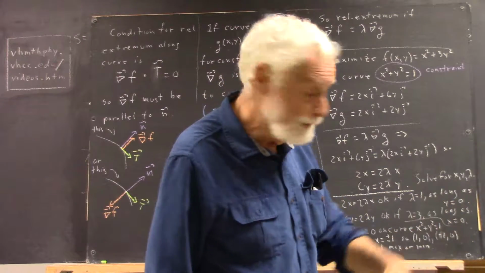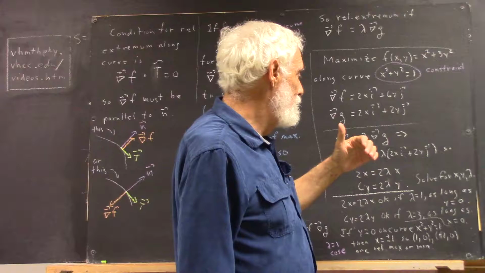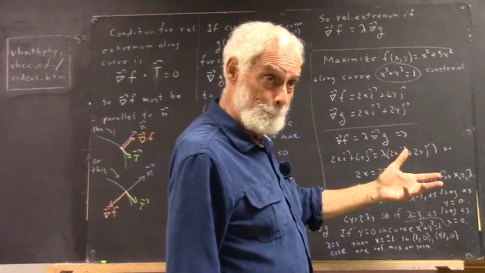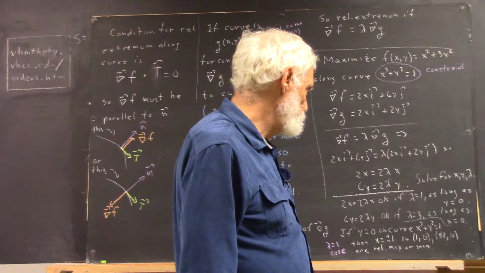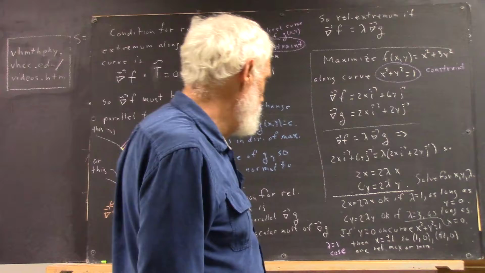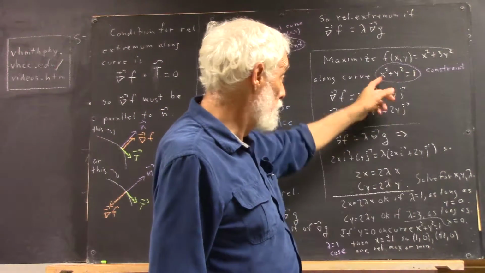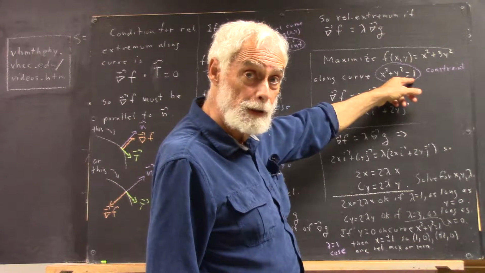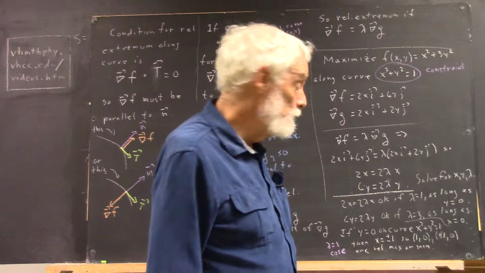That only happens if x equals 0. So we get the point 0, y. Okay? I didn't write it down here, but on the curve x squared plus y squared equals 1, if x equals 0, y has to be plus or minus 1. So we get the points 0, 1 and 0, negative 1.